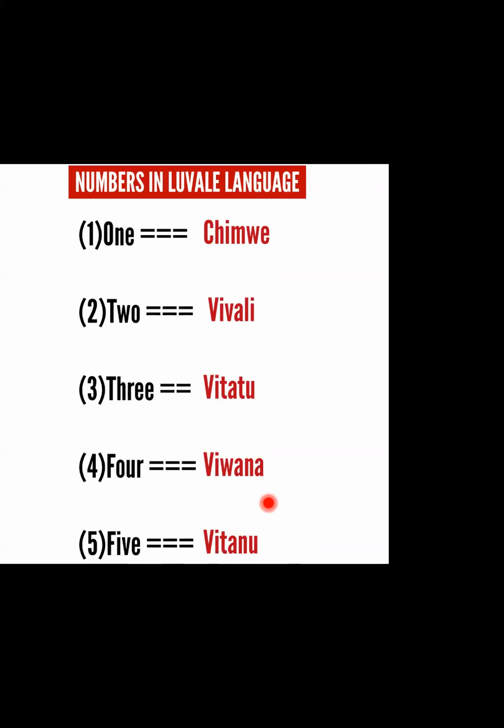In Luvale, the VA sound is V. So viwana, vivali, vitatu, viwana, vitanu. Is this clear, or do we go through again? It's clear.